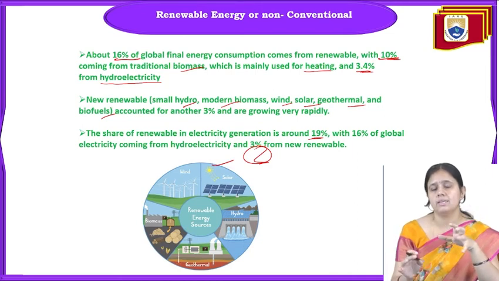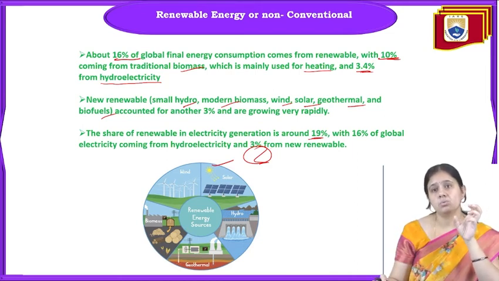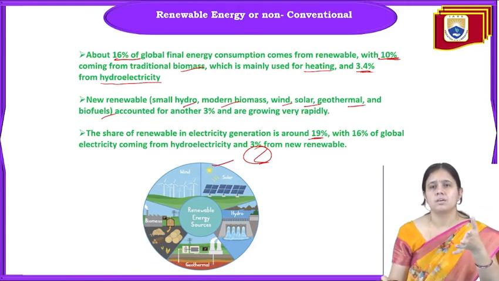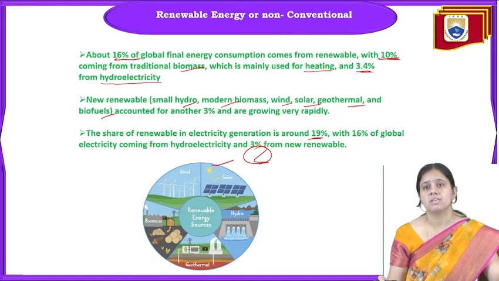So this slide is all about what the new renewable sources are doing. About 16% of global final energy consumption comes from renewables, among which 10% is traditional biomass and 3.4% is hydroelectricity. And now the new renewable projects like small hydro, modern biomass, wind, solar, geothermal account for 3%, and this is growing very rapidly.